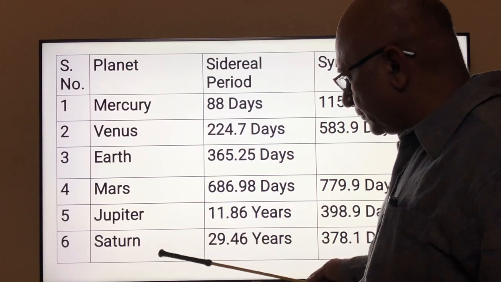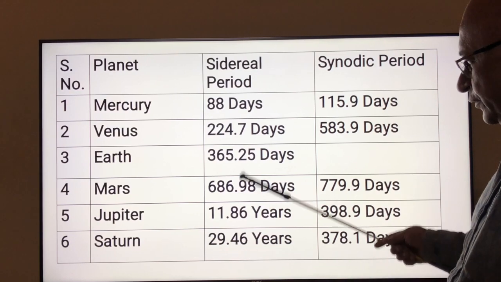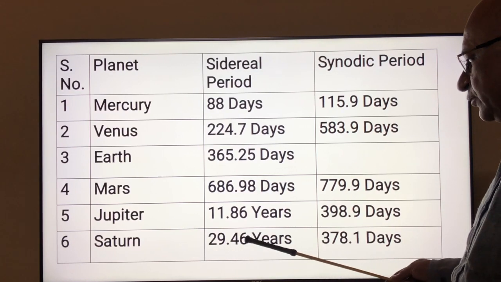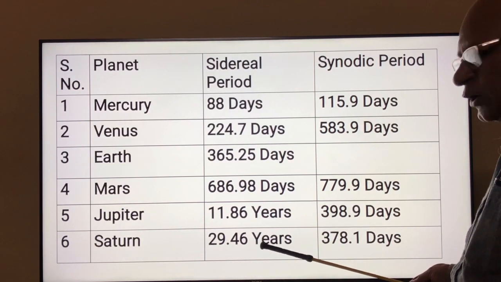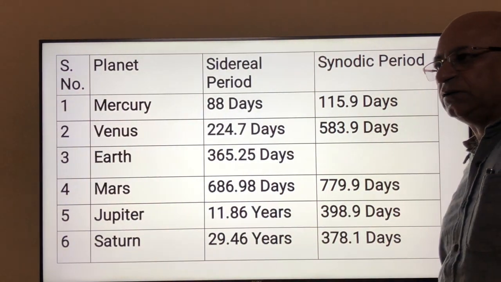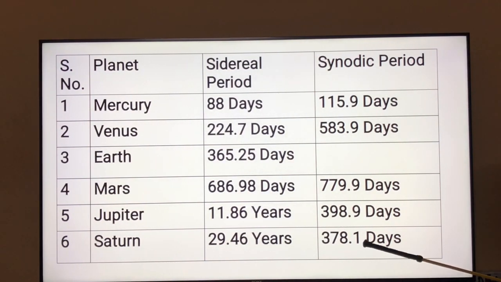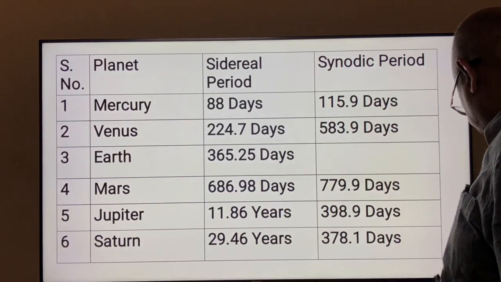Similarly, Saturn, its sidereal time is 29.46 years. Around 30 years it takes to complete one revolution around the sun, but the synodic period is 378.1 days.